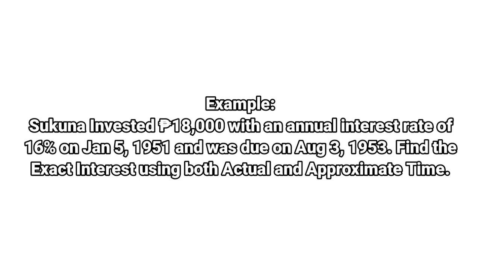Kuna borrowed 18,000 pesos with an annual interest of 16% on January 16, 1951 and was due on August 3, 1953. Find the exact interest using both actual and approximate time.